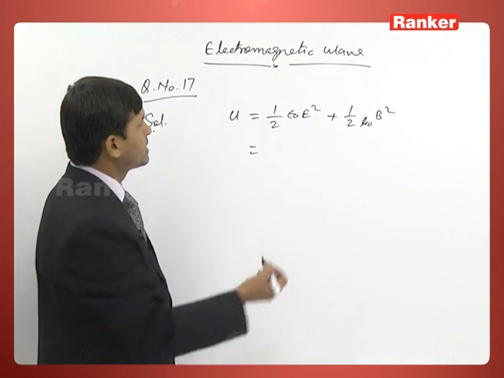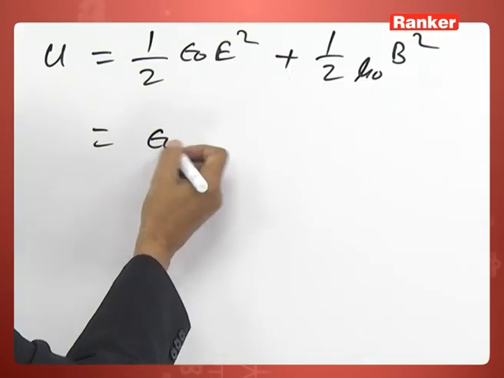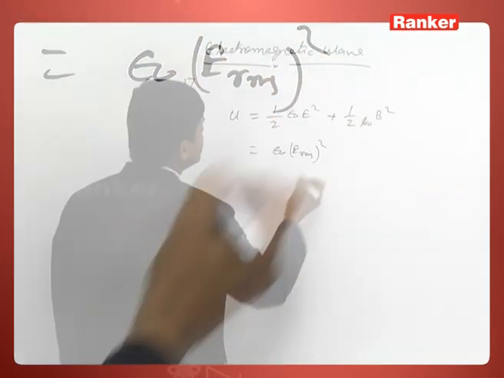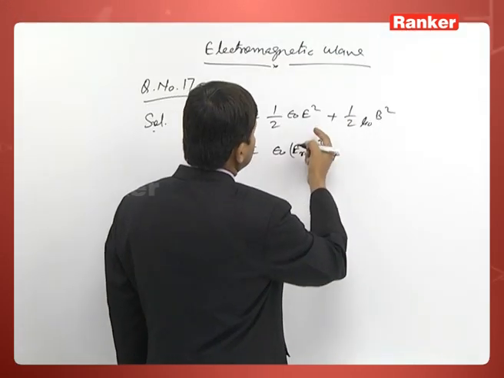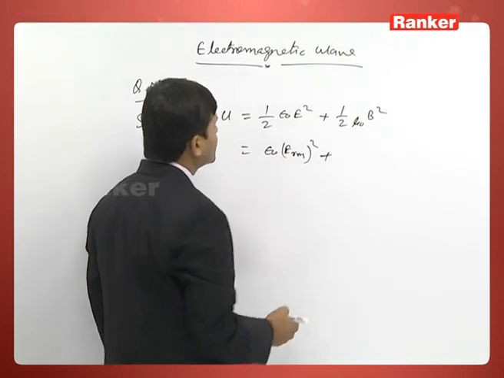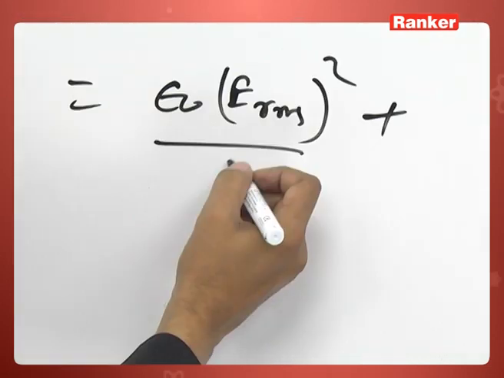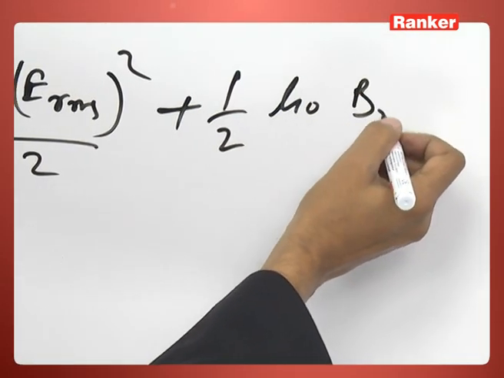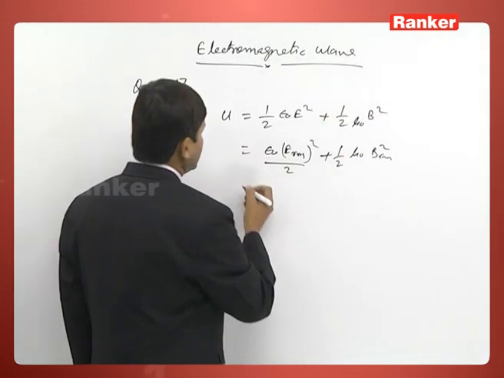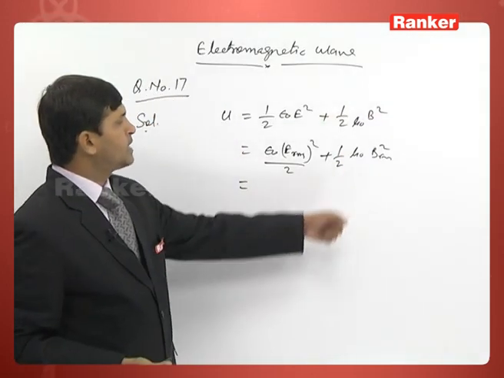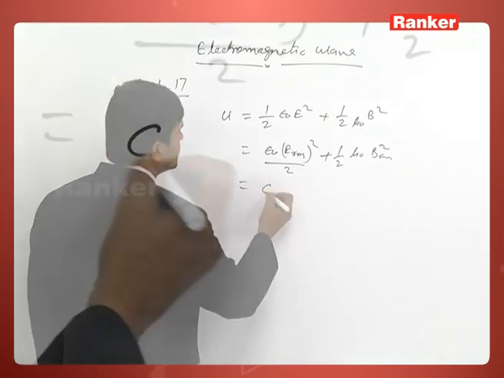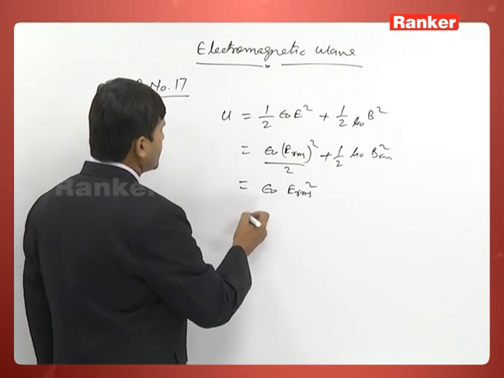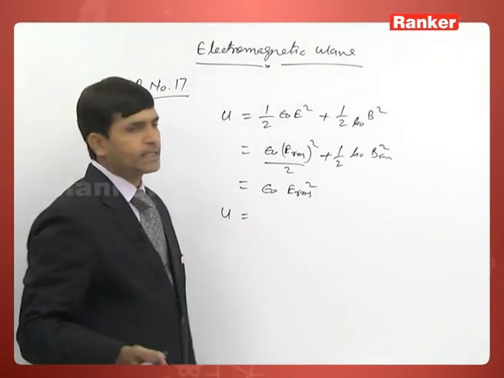So E is written in the RMS form: 1 by 2 epsilon naught E RMS square plus 1 by 2 mu naught into B RMS square. Since the electric and magnetic contributions can be equated, this is nothing but epsilon naught E RMS square. Now this is the energy density.